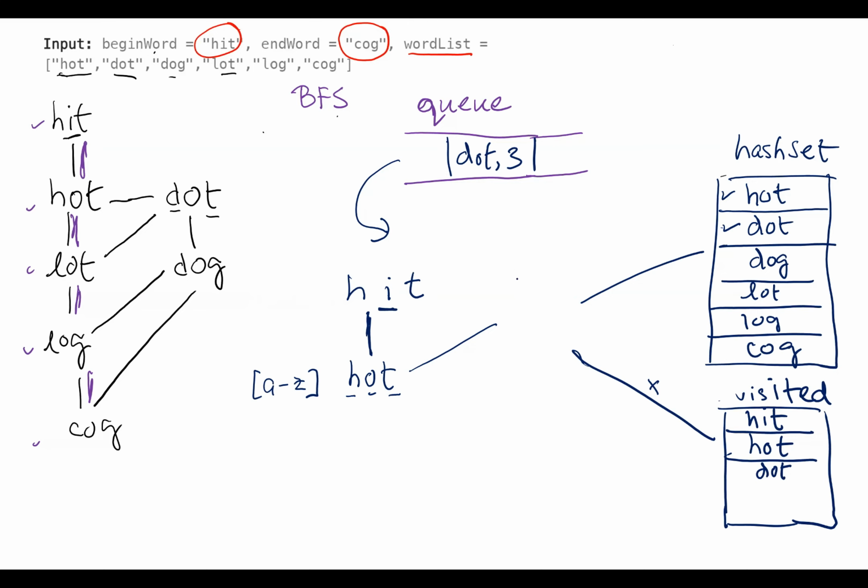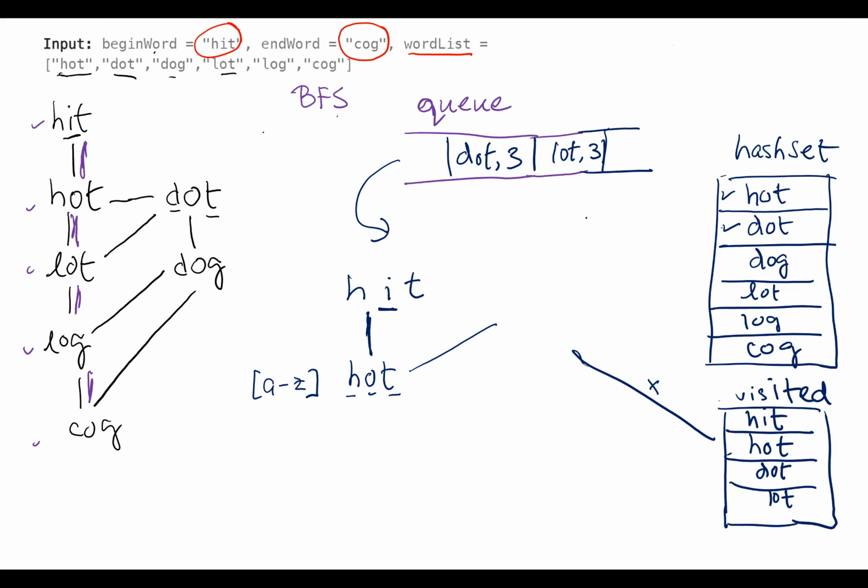Hot can also change to lot, right? And I put lot into the visited list. I put lot here with level 3, right? And those are the only 2 words that will qualify.